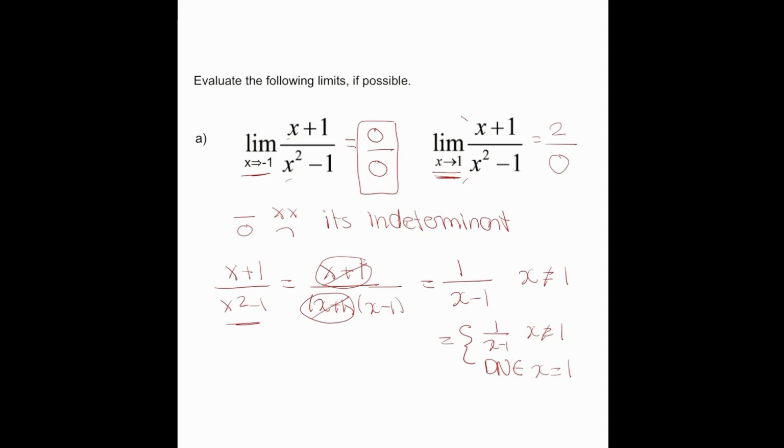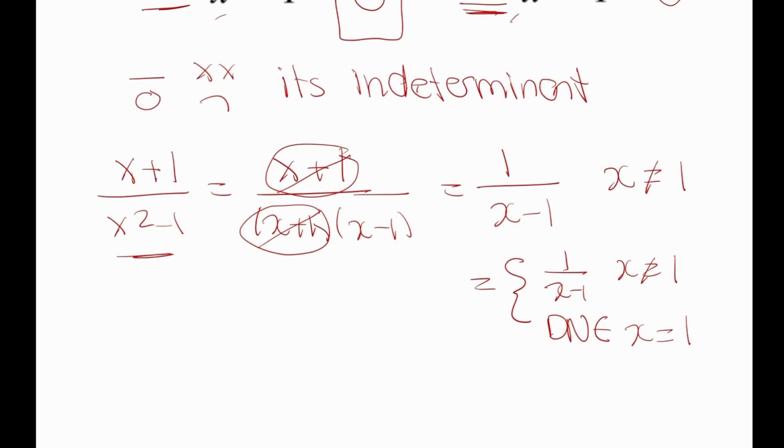Now, what about when x is approaching negative 1? So what if we have the other situation now where x is approaching negative 1? Well, the limit as x approaches negative 1 of 1 over x minus 1, we're just going to use direct substitution again. 1 over negative 1 minus 1 gives me negative 1 half.